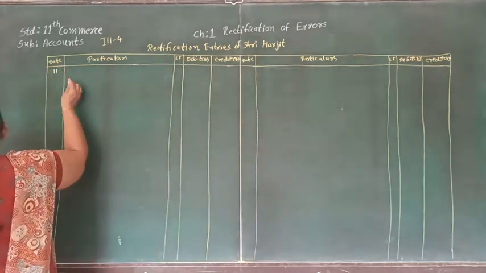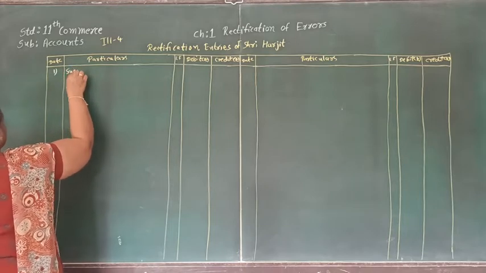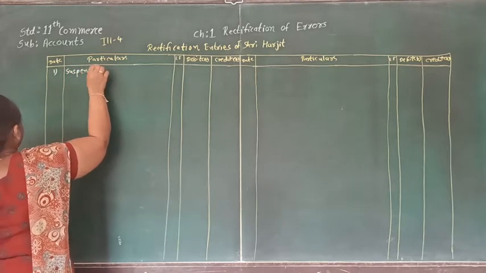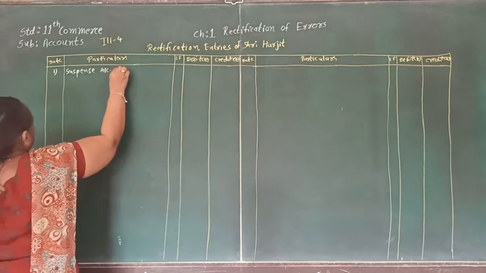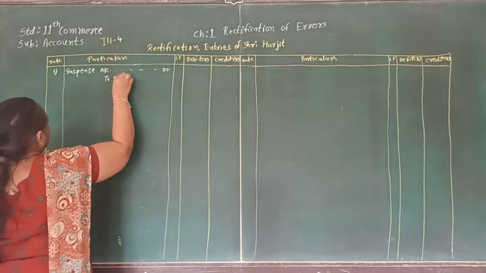First transaction will be suspense account debit to Bina's account.